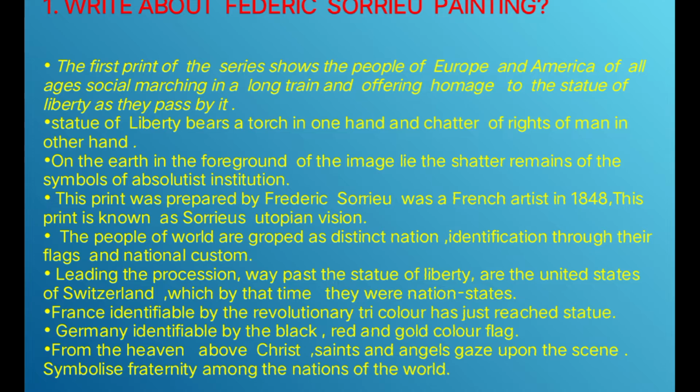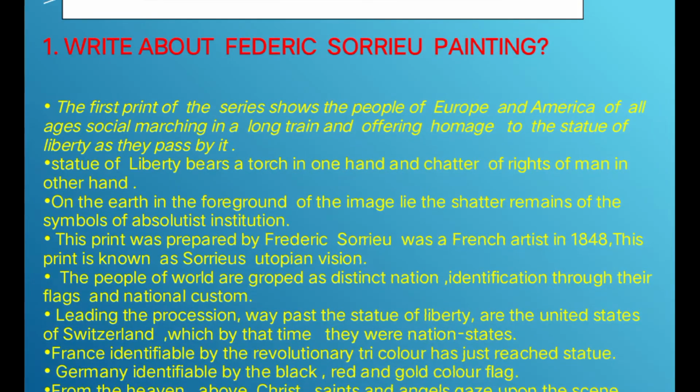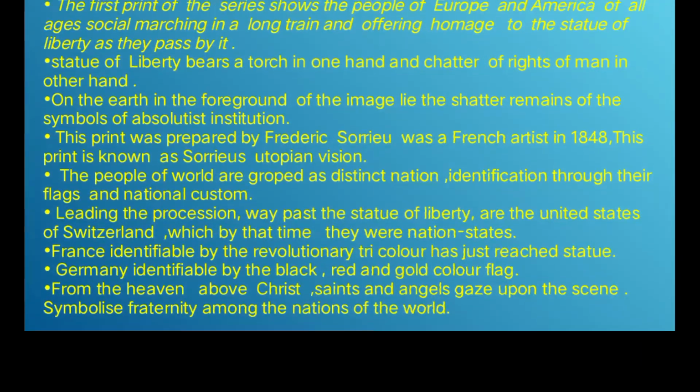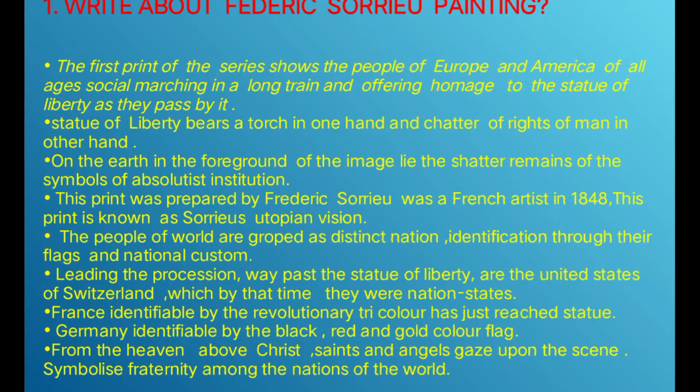All these nations are followed by first leading USA, Switzerland, and many other nations, Germany, Ireland, Belgium, bearing the tricolor which has replaced the royal flag, and they are marching towards that symbolic representation of liberty, equality, and fraternity.